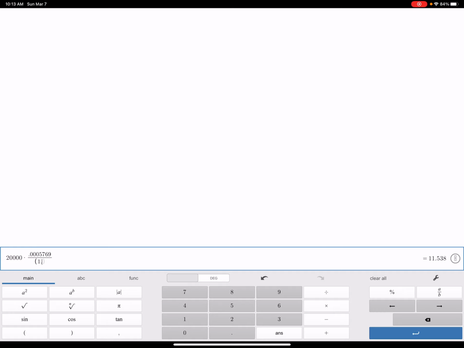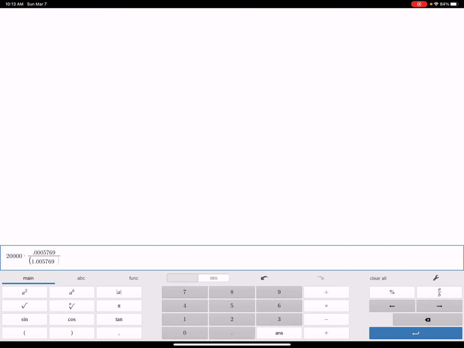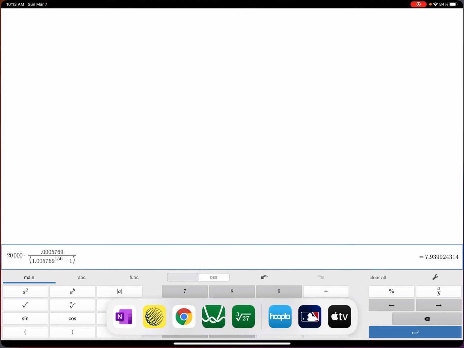So 1.0005769, same number, except with the 1 in front, to the exponent 156 minus 1, end bracket. That 20,000 out front, I could put it up top. It doesn't matter that much, as long as I do the exponent minus 1 before I divide. And I got $7.94.